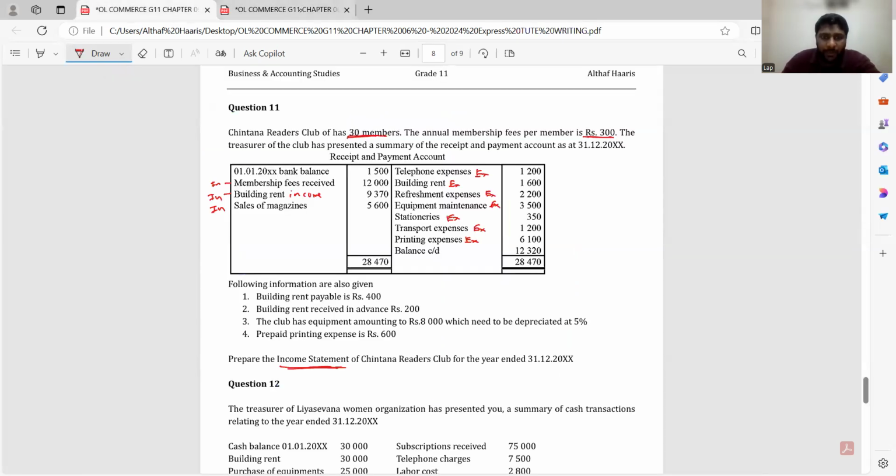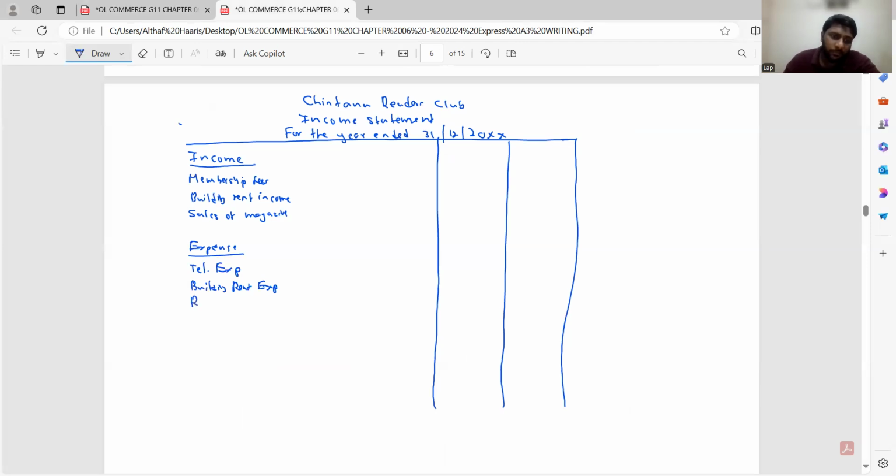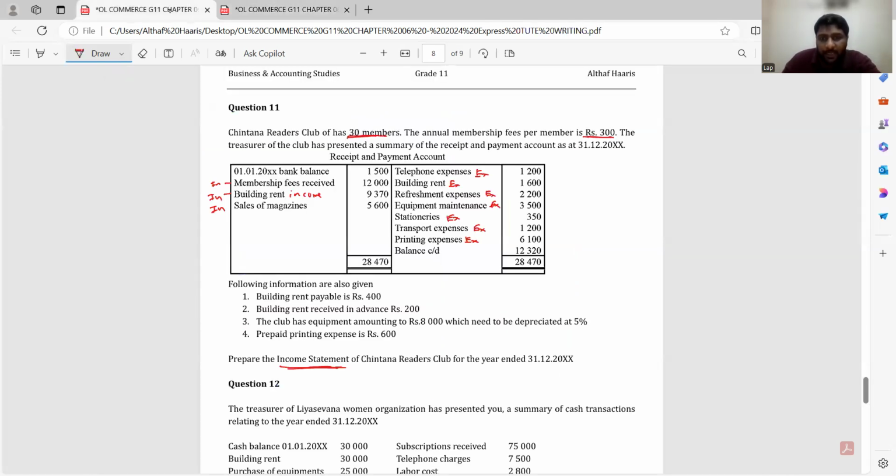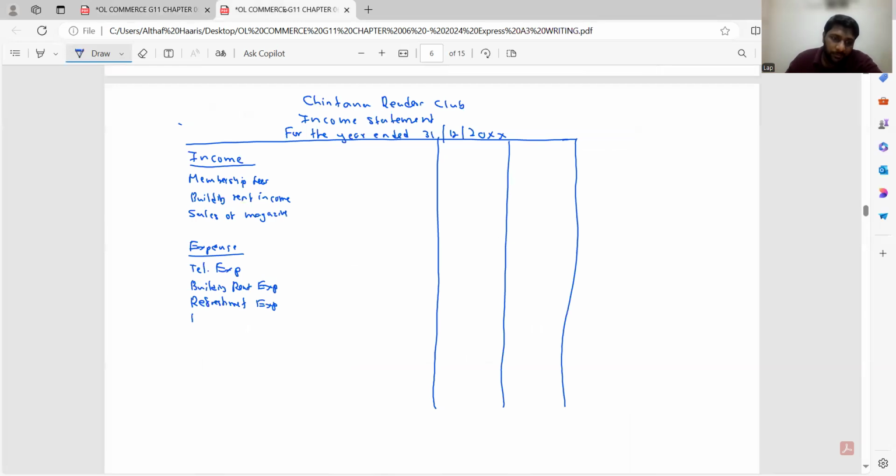Refreshment expense. Equipment maintenance. So you might have some equipments, you will have to put some oil and maintain it nicely. That maintenance expense is not purchase of equipments, it is equipment maintenance.